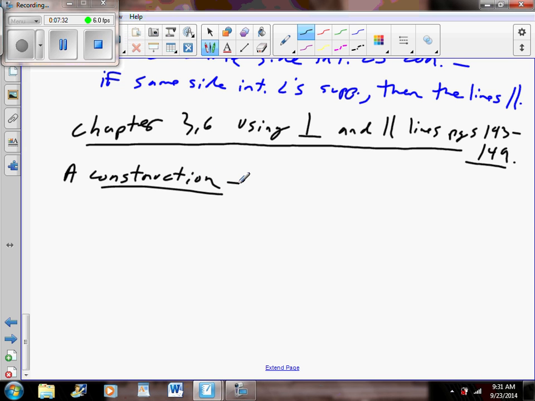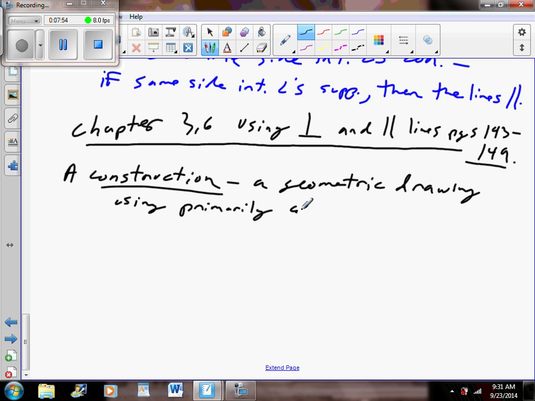Construction: a geometric drawing using primarily a compass and a straight edge.